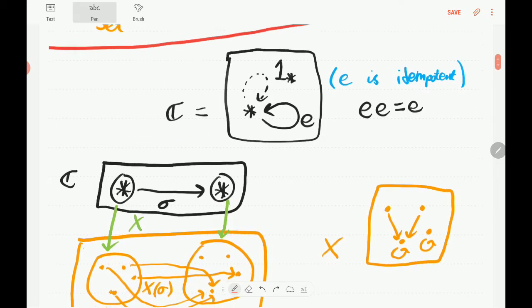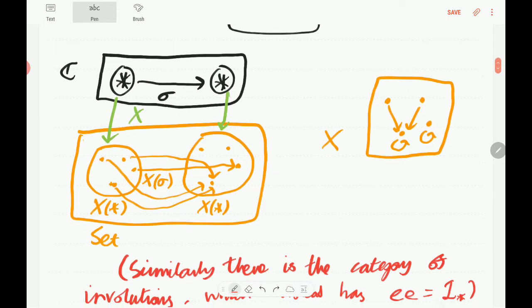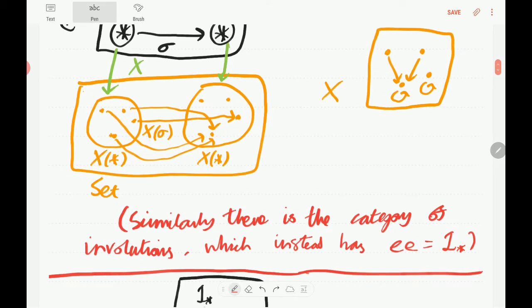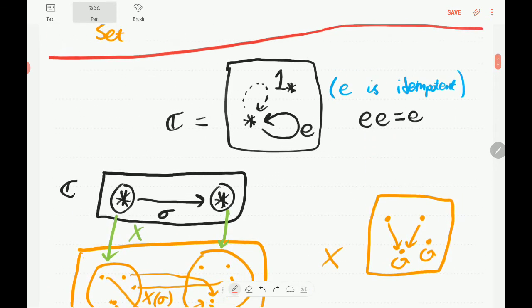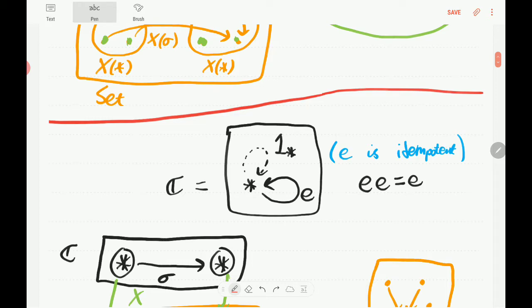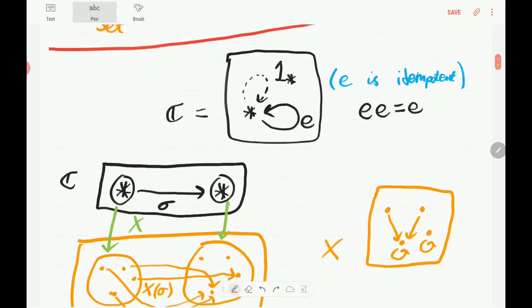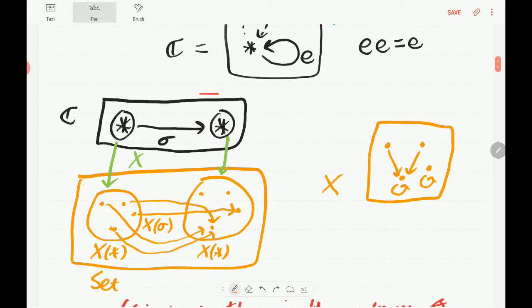So in this case, we could call set to the power of C the category of idempotent dynamical systems. And then an object of this category would look something like this.